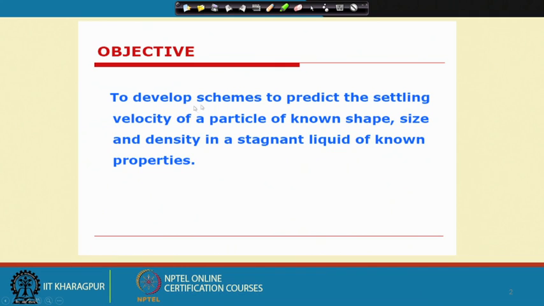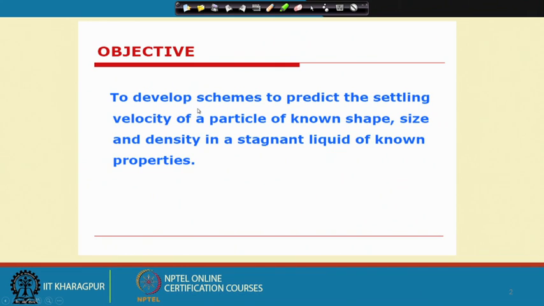When you have a fluid flowing, the particle behavior in that fluid medium will be different than what we will be discussing here. But even to model that particle behavior in a flowing fluid, the very fundamental criterion is to know about the settling velocity of the particle.